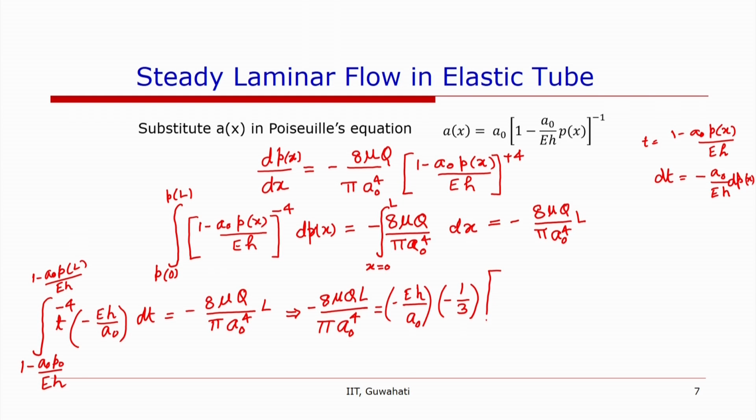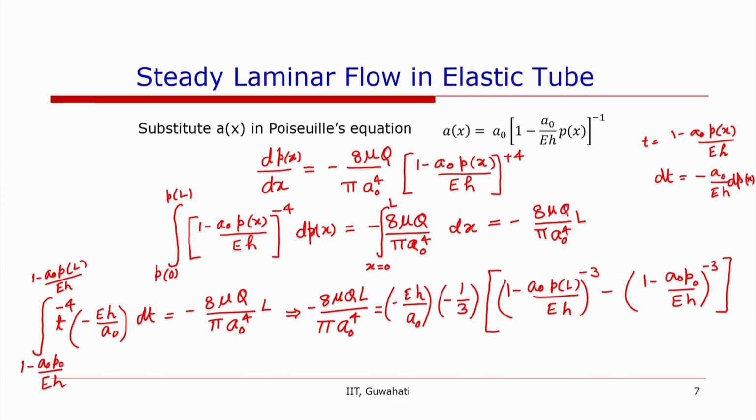multiplied by t to the power minus 3, and we will have 1 minus A naught PL over EH, this raised to the power minus 3, minus 1 minus A naught P naught over EH raised to the power minus 3.